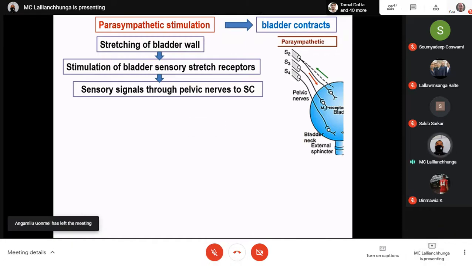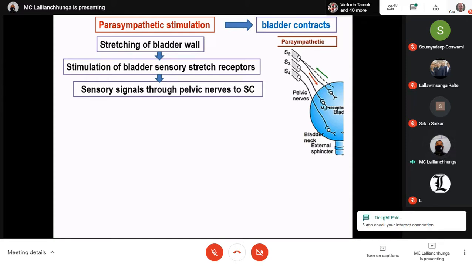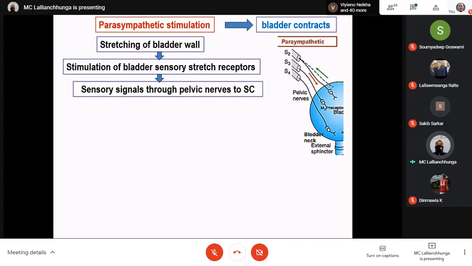Okay. So these are the general outlines; the mechanism is similar only. But there is a difference in what the nerve is and what the receptors are. In case of parasympathetic stimulation, again bladder wall stretching is there.